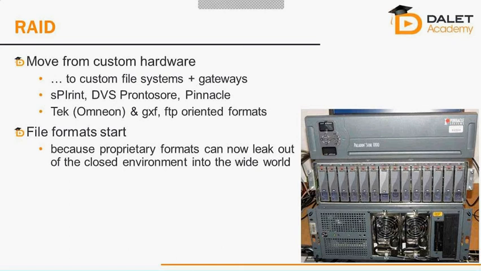And you may remember things like the Sprint, the DVS Pronto Store, and Pinnacle were all kind of fundamental founders of these new RAID systems. Even Omnion, their first product was fundamentally how to manage the disks to get the bandwidth required to get multiple SDs off that redundant array of inexpensive disks.